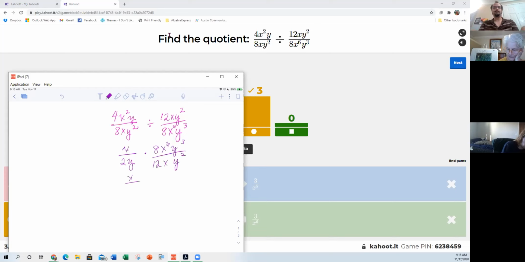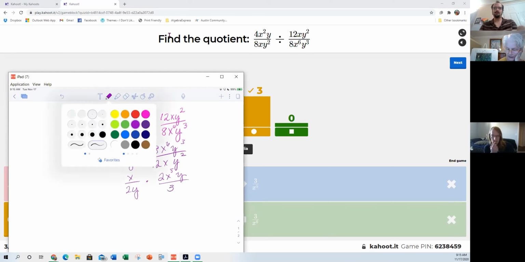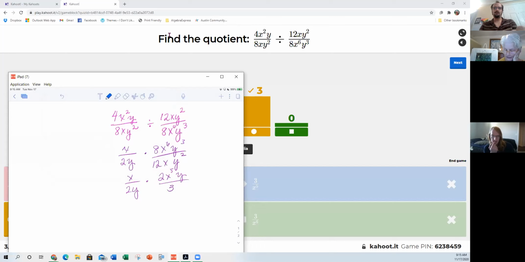So that's x over 2y, and then this is 2x to the 5th y over 3. Then we can cancel the y's and the 2's. And when we multiply, we add the exponents. So that's going to be x to the 6th over 3. I know myself, these start getting so messy that sometimes I'll drop a variable. That's the main thing I have to watch out for.